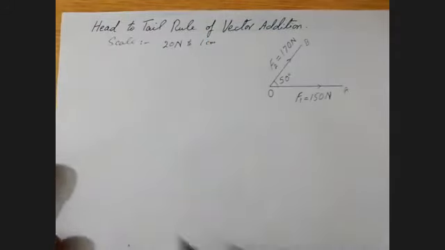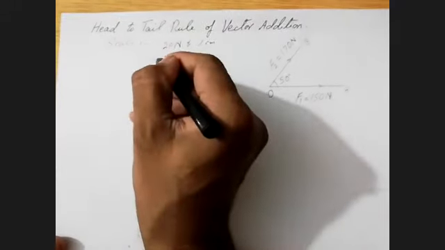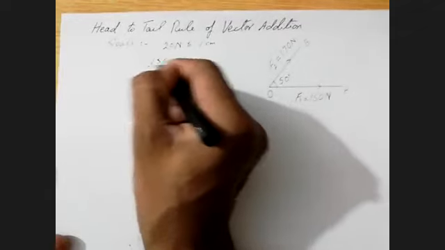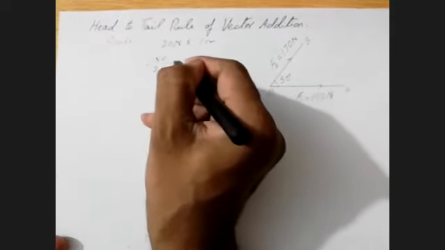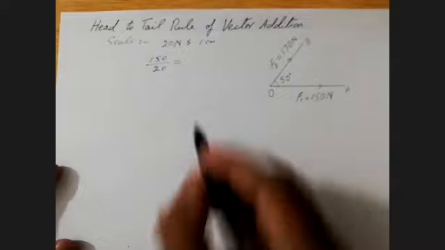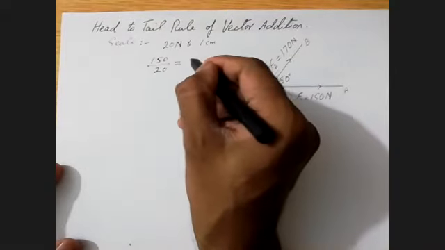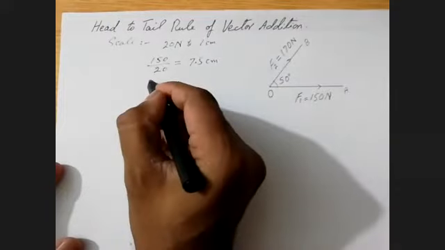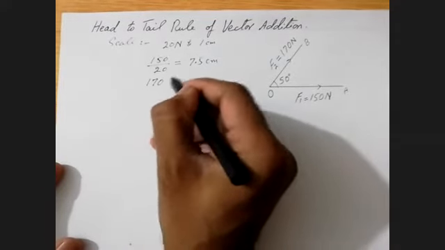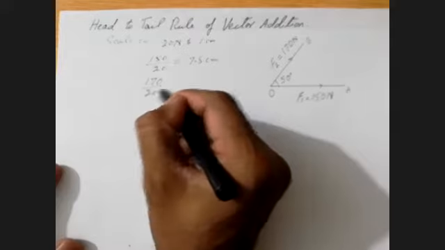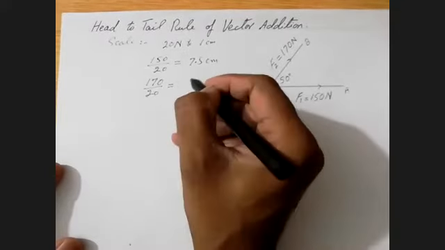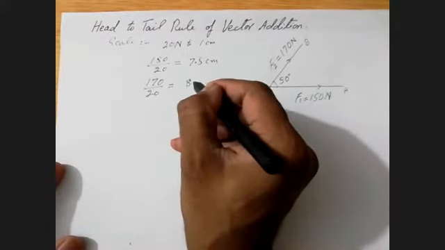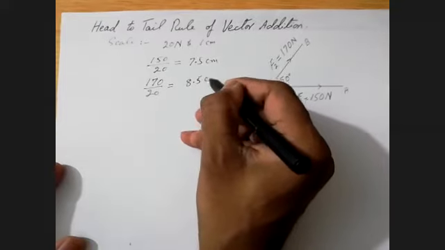Now 150 divided by 20 gives you a 7.5 centimeter line, and 170 divided by 20 gives you an 8.5 centimeter line.